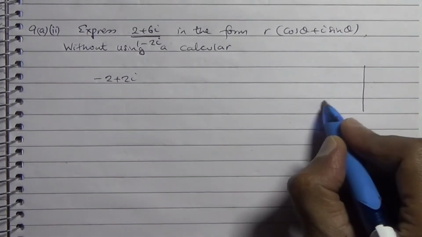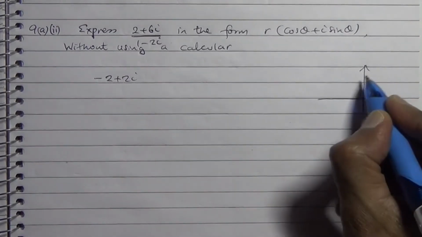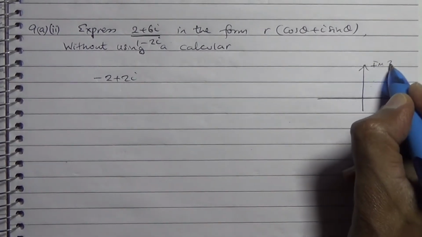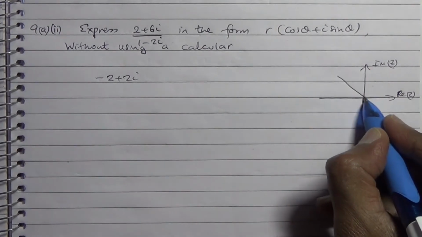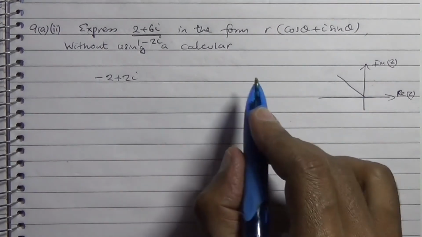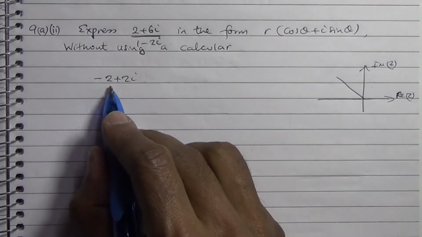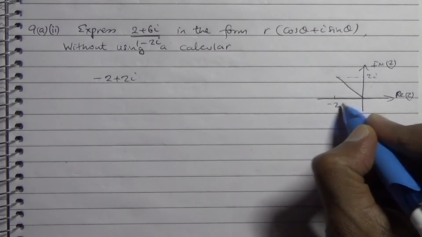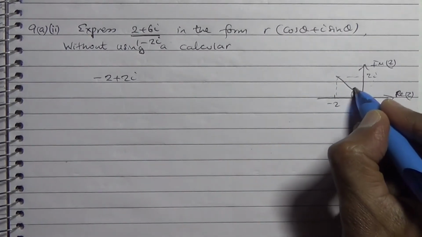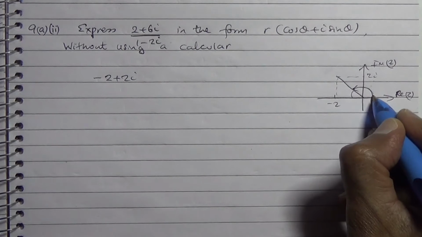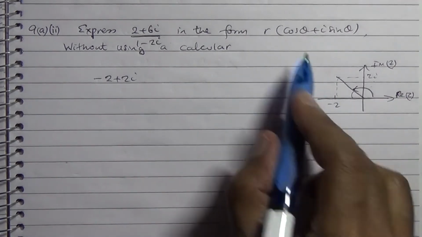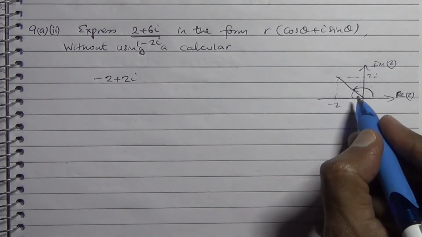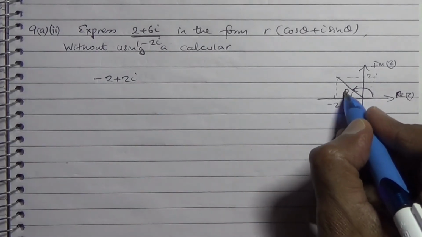Now, it's very interesting to illustrate this on an Argand diagram. So this is like minus 2 and 2i. We've got 2i and minus 2 is here. So the argument is this one, and let me call this theta.